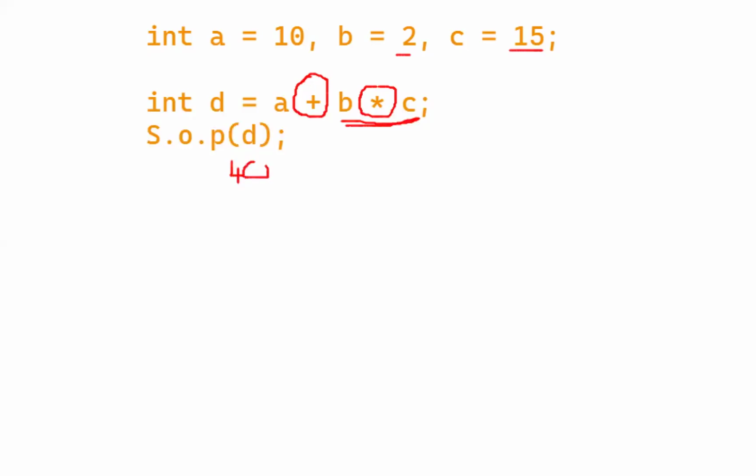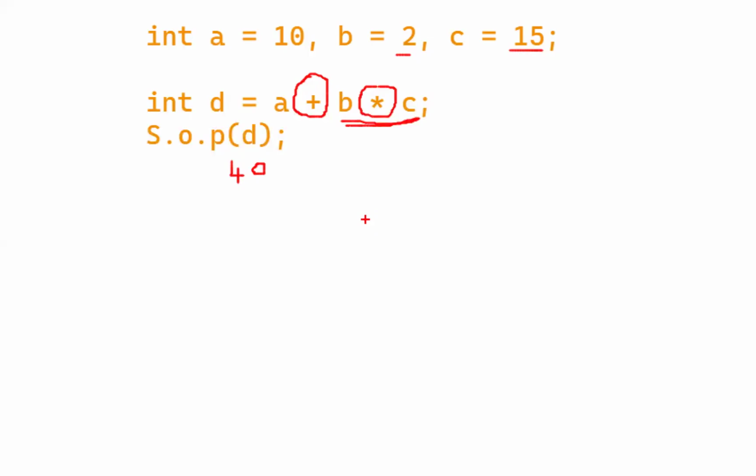Guys, if you want to know the expression value, you should know which operator will be executed first and which operator will be executed next. You should know the order. That is called operator precedence. Am I clear, folks?